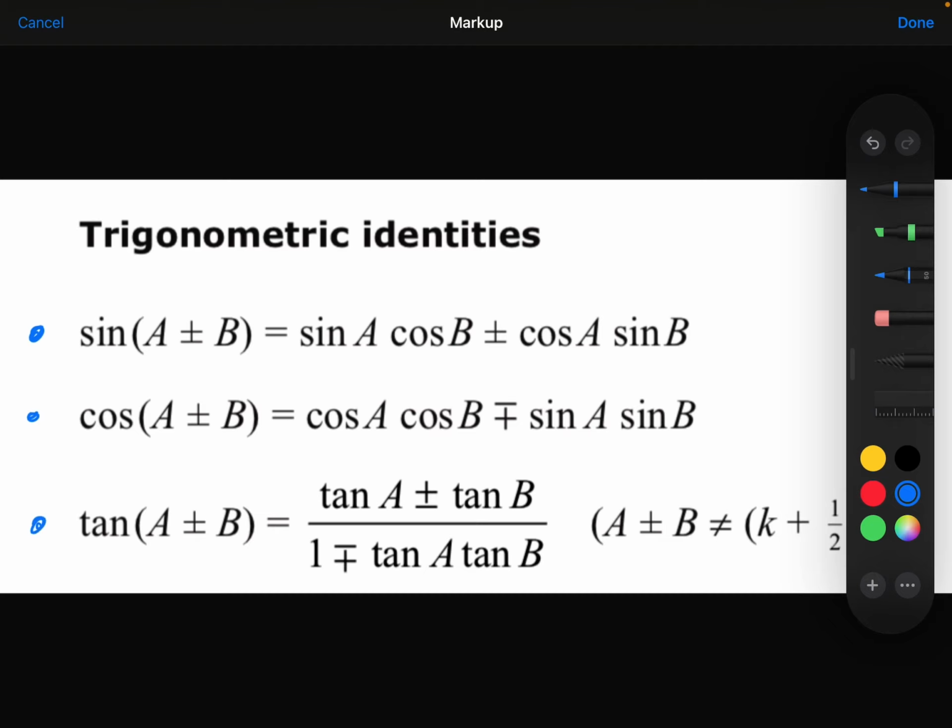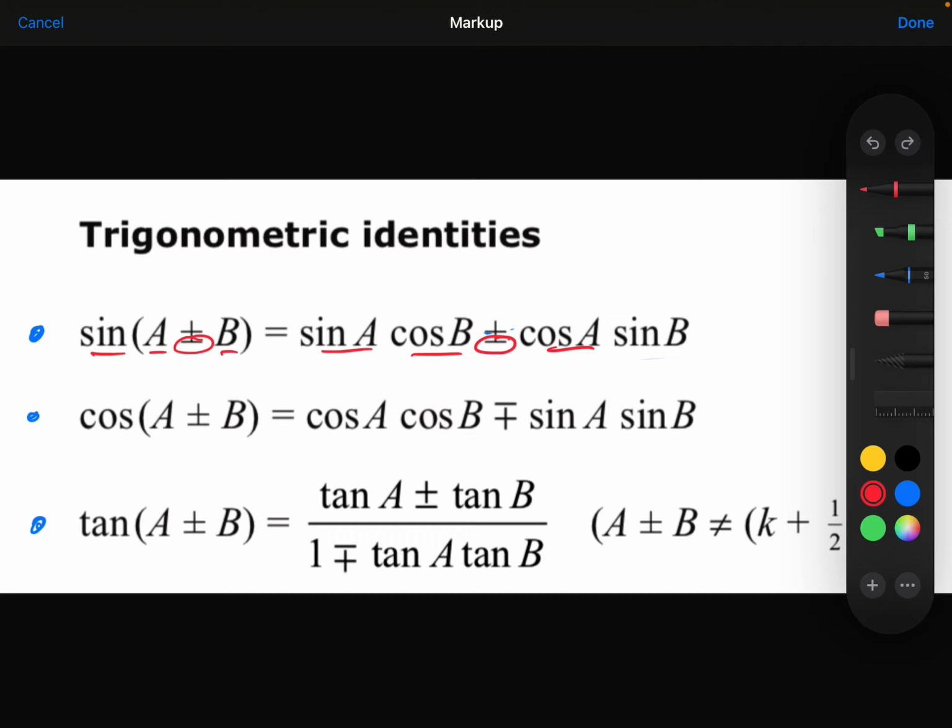So it says sine of a plus b is equal to sine a cos b plus cos a sine b. Alternatively, if it was a minus, sine a minus b would be equal to sine a cos b minus cos a sine b.